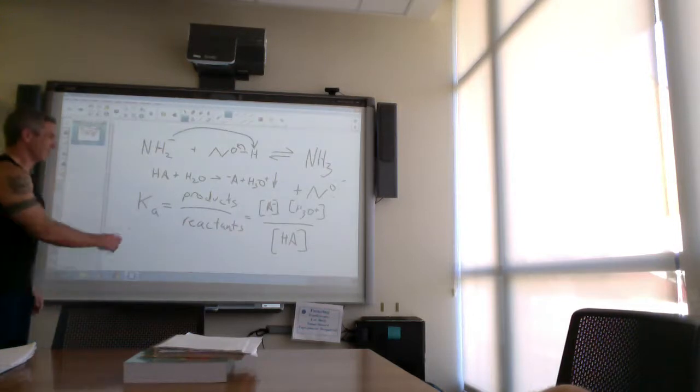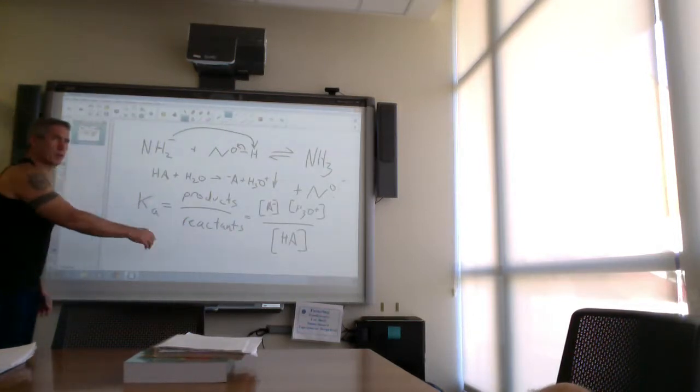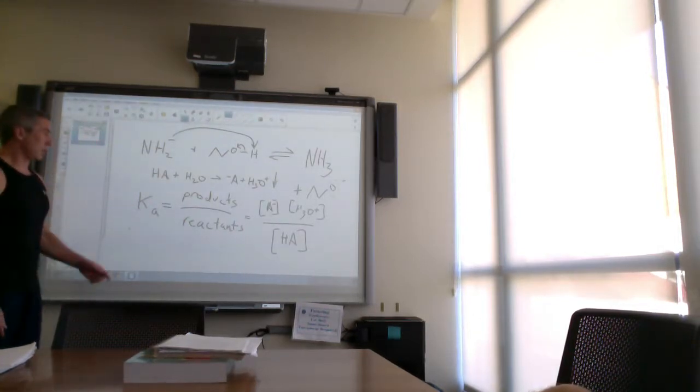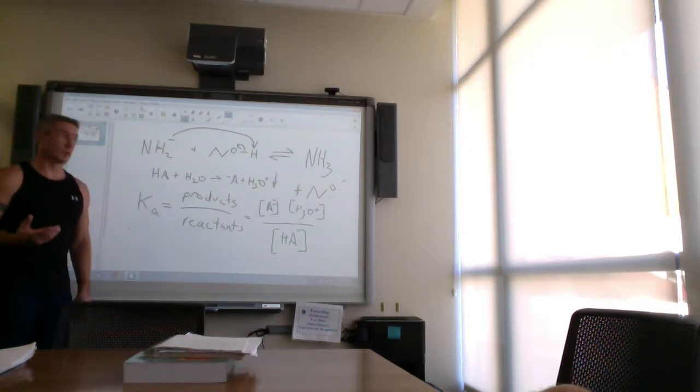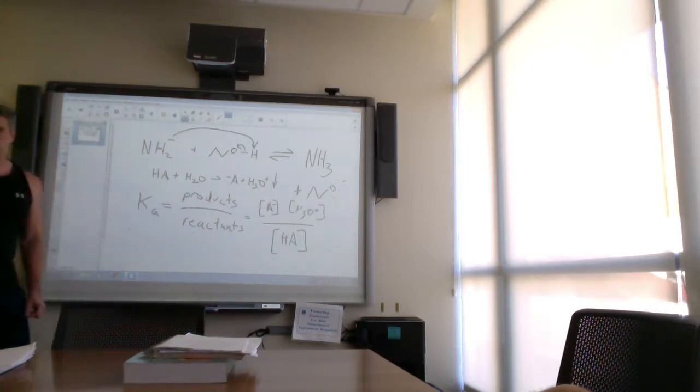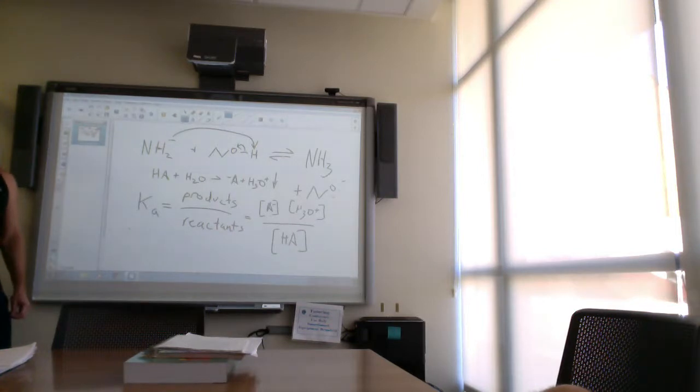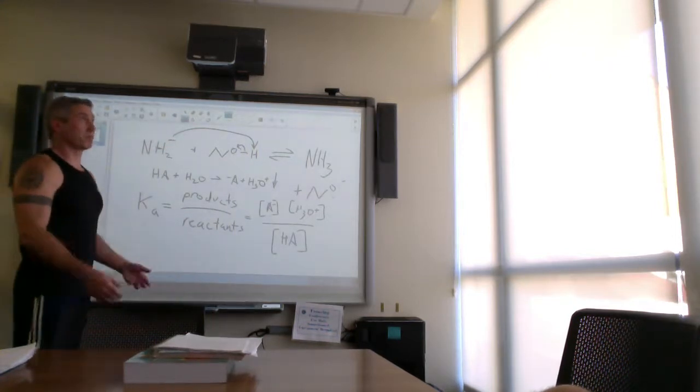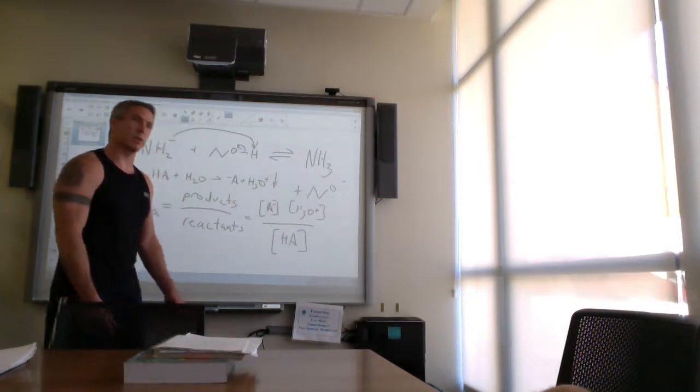A weak acid means, no, we want mostly reactants. We don't dissociate much. Okay? So again, it's simply understanding the ratio. Strong acid, large Ka, more product. HCl, for example, Ka is enormous. Because it's what, pKa of -7, I think, something like that.